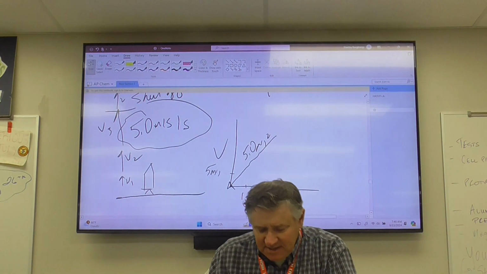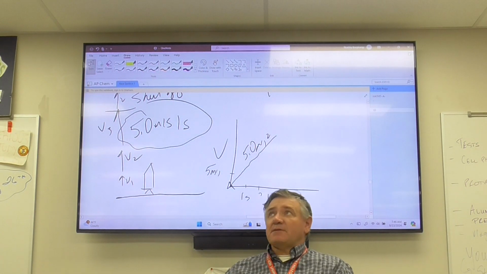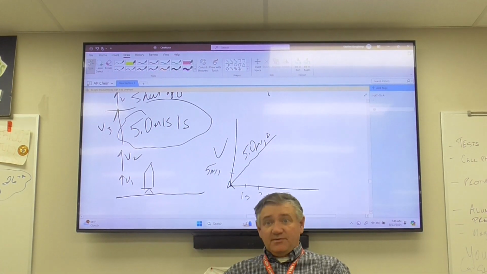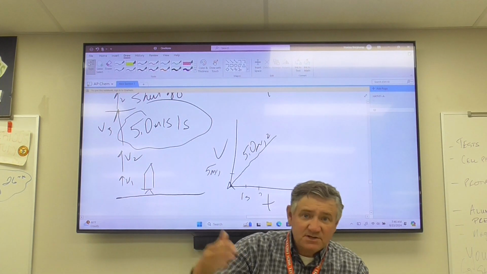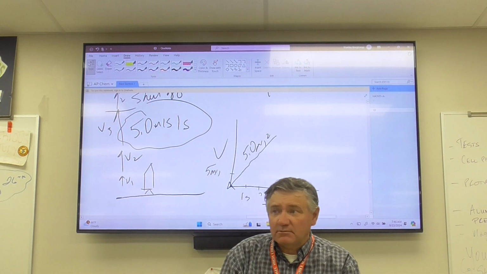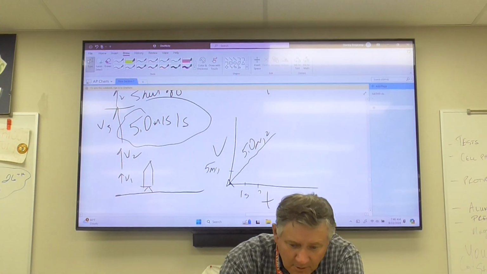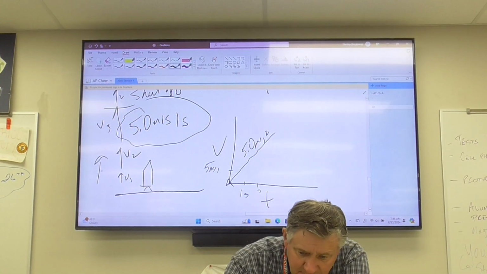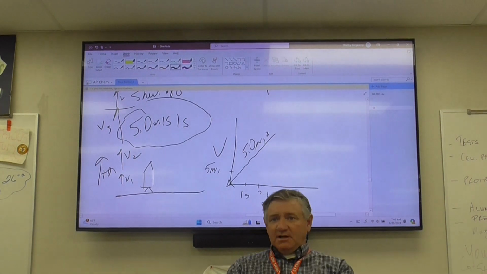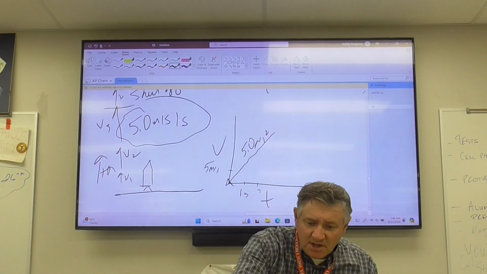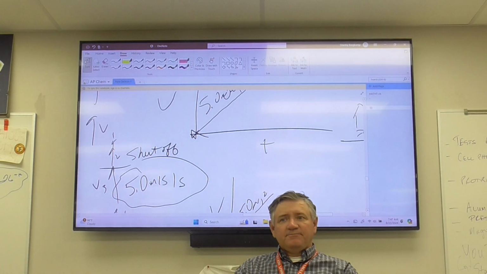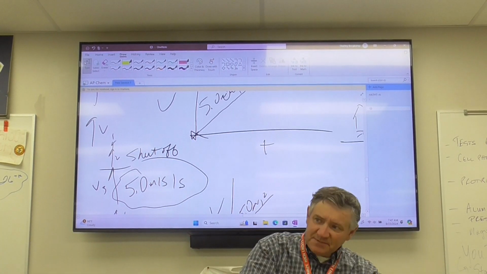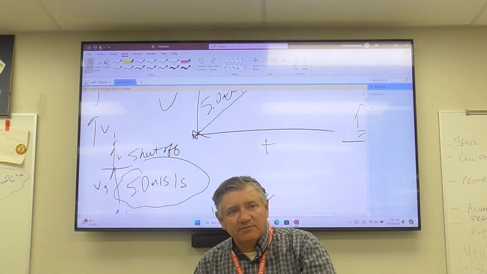When that rocket engine is being fired, and that's like me holding this thing in my hand and throwing it up, when it's in contact with my hand, what's the direction of your acceleration? Upward or downward? Up. So I'm going to have some positive acceleration. Okay? That's it. Now, when you shut off the engines, what's the direction of your acceleration vector? Down, because now it's in the opposite direction because it's slowing down.